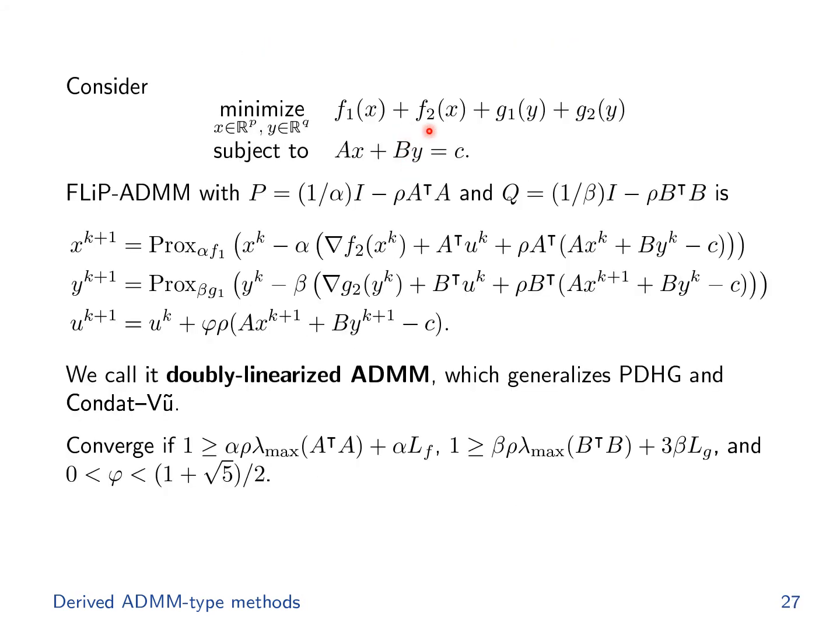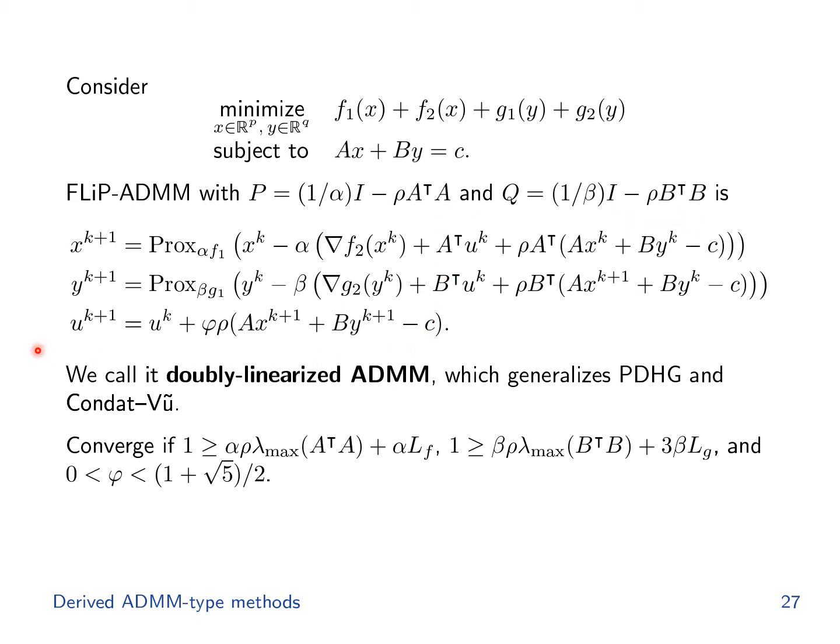Condat and Vu did not consider the second differentiable function f2 besides g2. So here we include f2 and g2 and also put the A matrix back. We apply FLIP-ADMM, which is going to linearize functions f2 and g2, and also use the P and Q matrices to linearize the quadratic terms involving Ax and By.